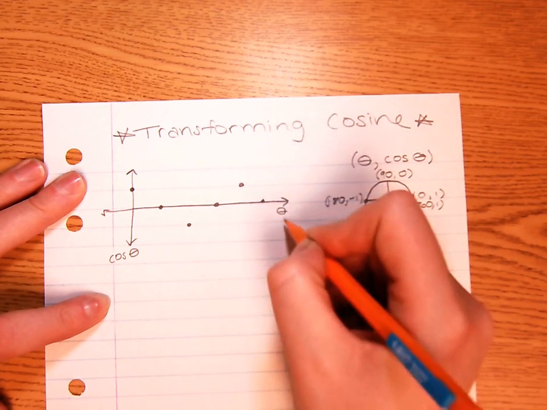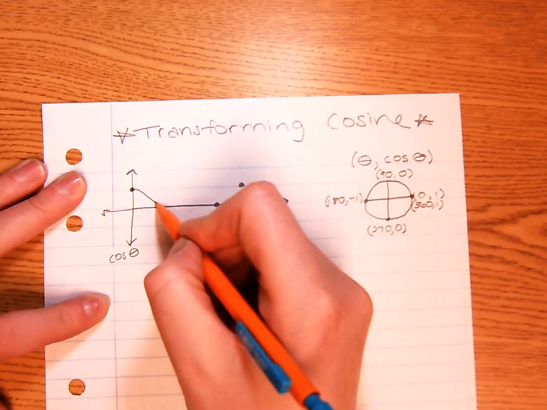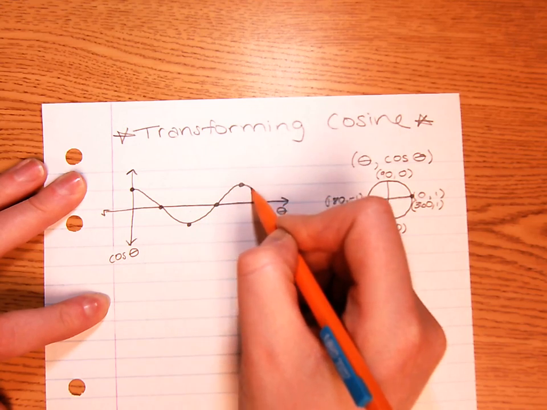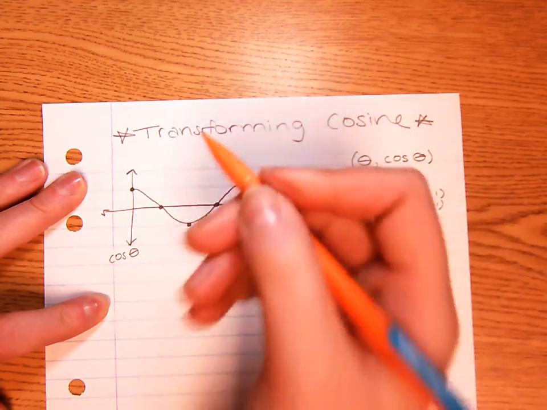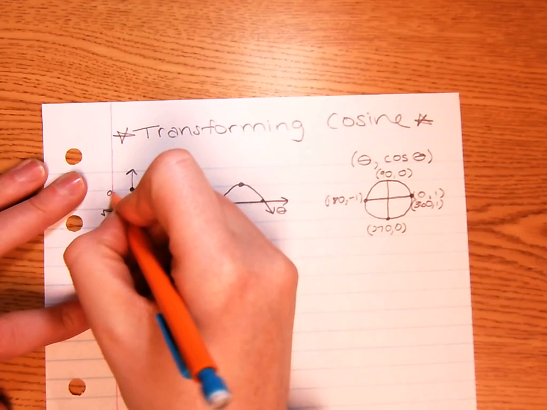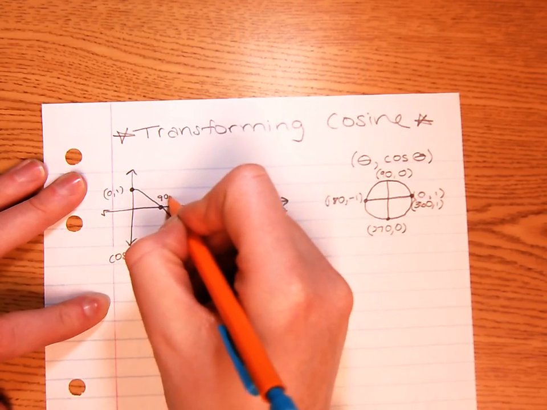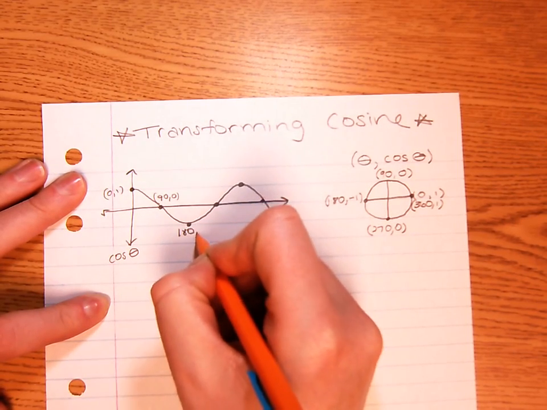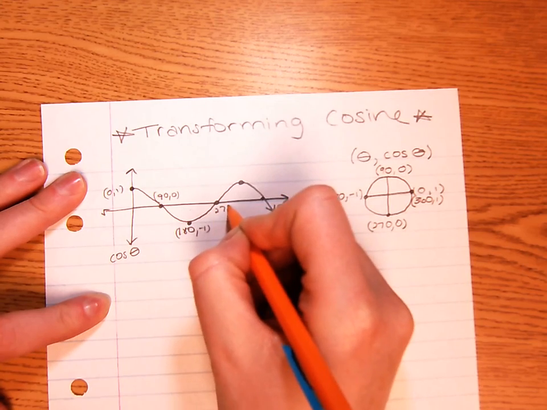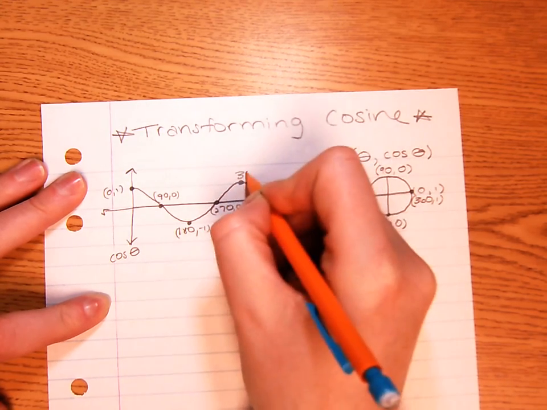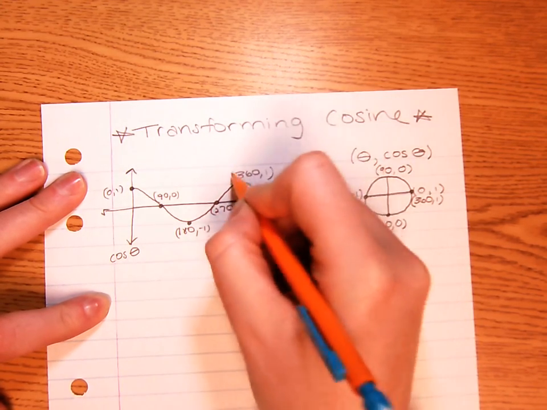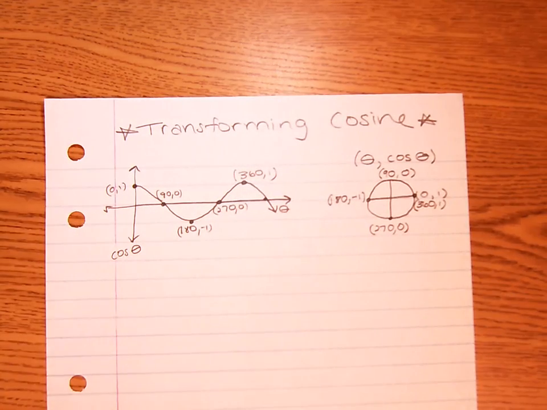And again, I could continue this pattern. It is periodic. It just keeps repeating every 360 degrees. So here, let me just label our key points. You should do the same as well. We could see those 5 key points of cosine.